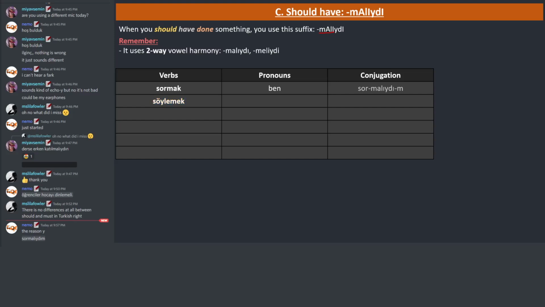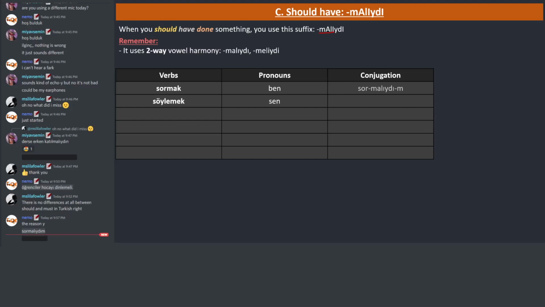If the pronoun is sen, you can type the answer in the chat with a spoiler, so other people can also participate. Sen söylemek.